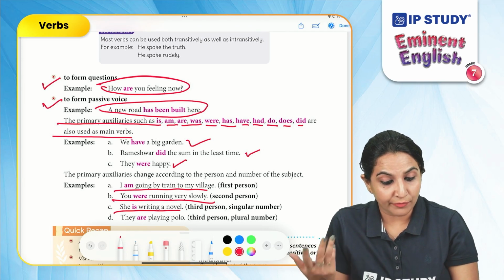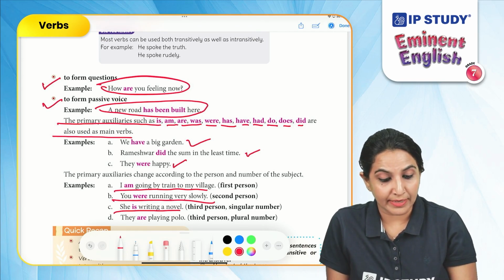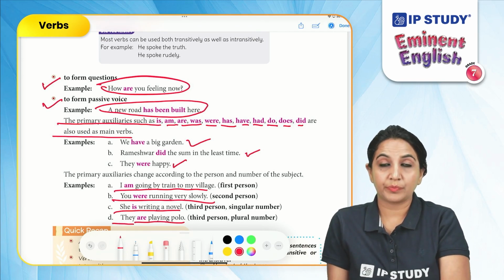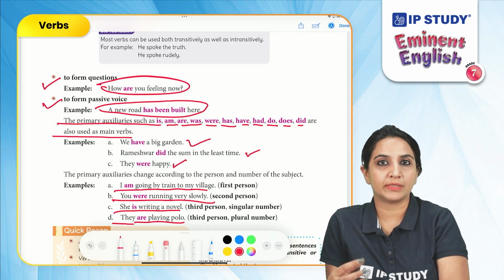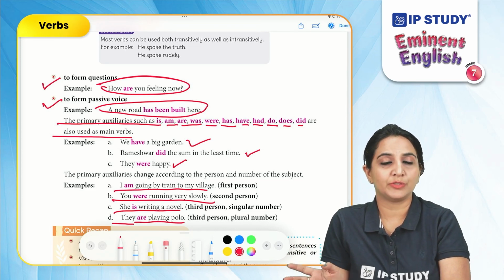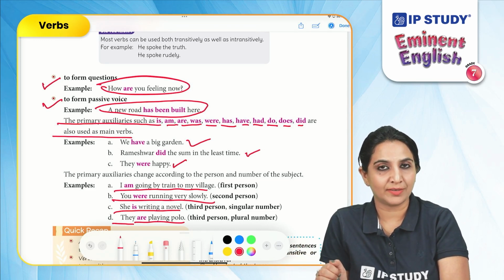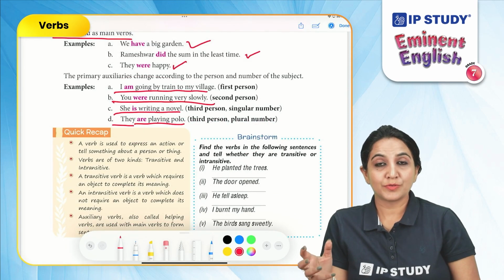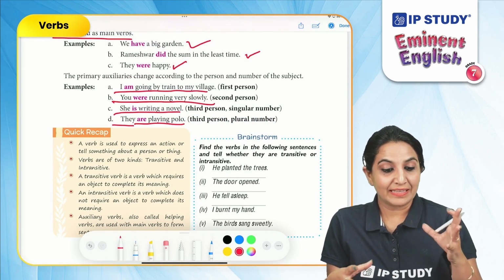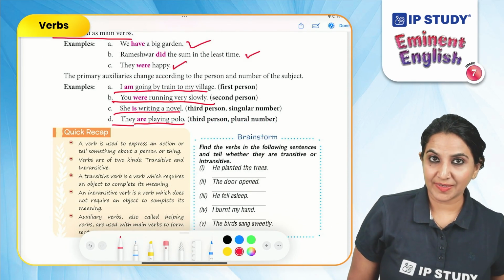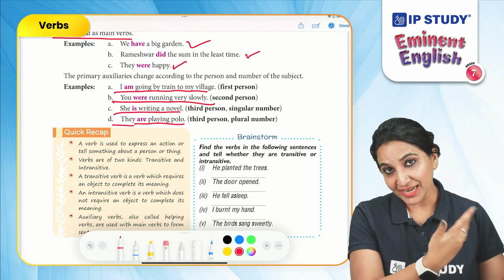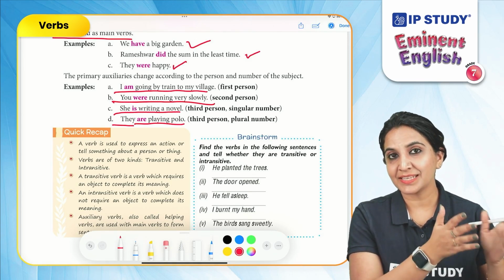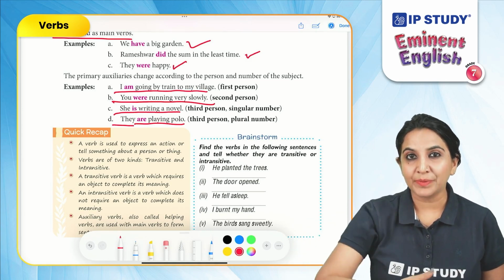But if you are talking about third person, like they are playing polo, here we are talking about the third person, but these are plural in number. That means they are many in number. So with plurals, you will use are as an auxiliary verb. So it is very clear that the primary auxiliaries change according to the person, that means the subject we are referring to in the sentence, and also the number they are in.